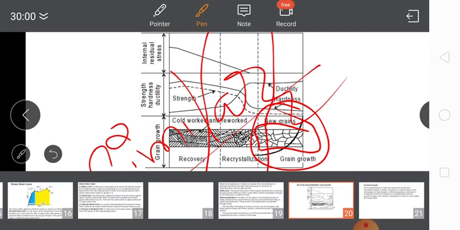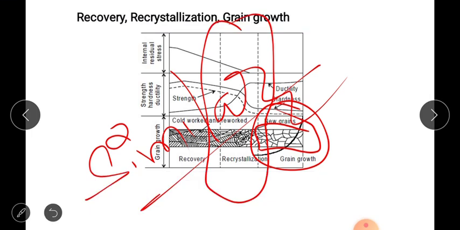So this is the structure developed after recrystallization, that is grain growth, which is an important requirement for the growth of the grain after the formation of new grains in the molten metal during the solidification of the molten metal. So this is nothing but the recovery, recrystallization and grain growth.